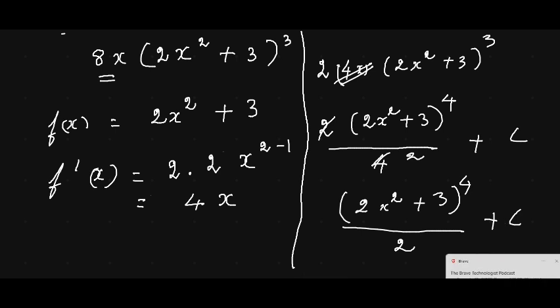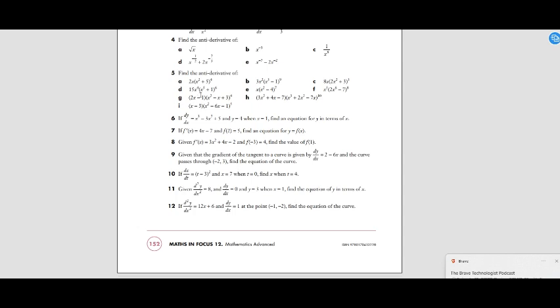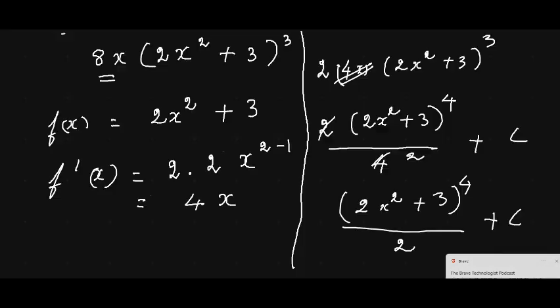I'm just going to go back and check the book. It is the 5th problem and the answer for C. The book says it is 2x squared plus 3 to the power of 4 divided by 2 plus c. Okay, so that is correct.